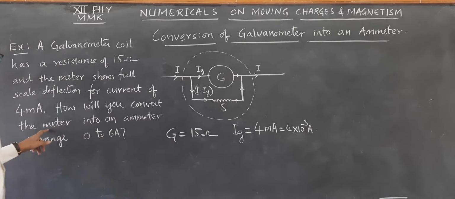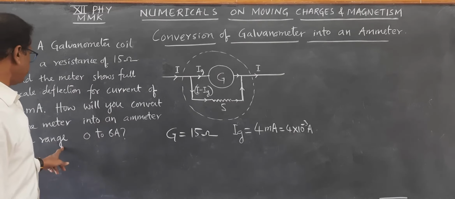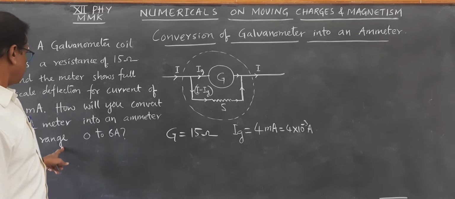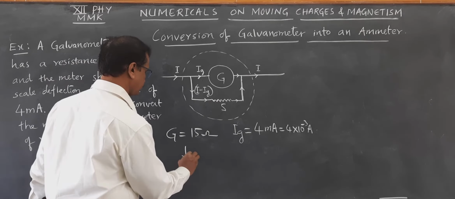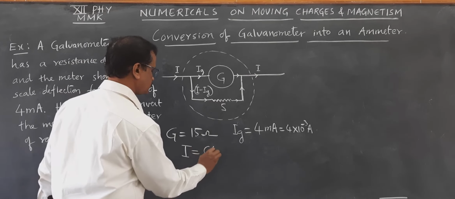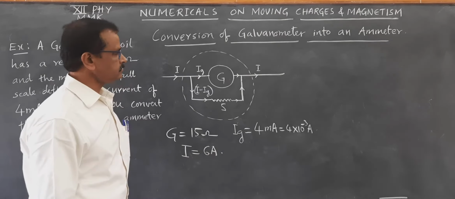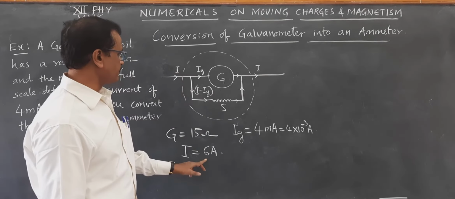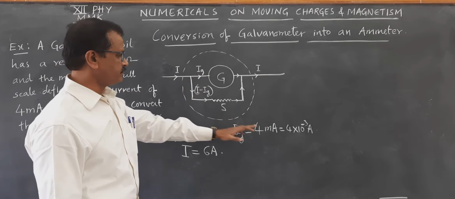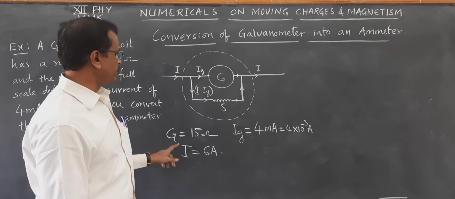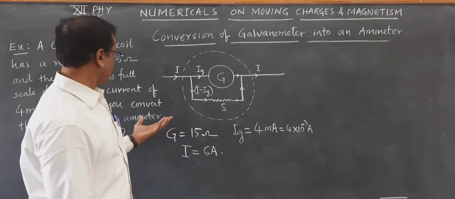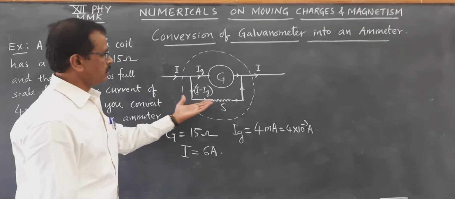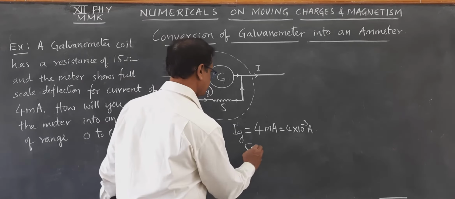How will you convert this meter into an ammeter which can show a range of 0 to 6 amperes? So it should show full scale deflection for total current of 6 amperes. So total current I is 6 amperes. Ig is given as 4 milliamperes. G value is given. Then how will you convert it into an ammeter? So you must find out the value of S.